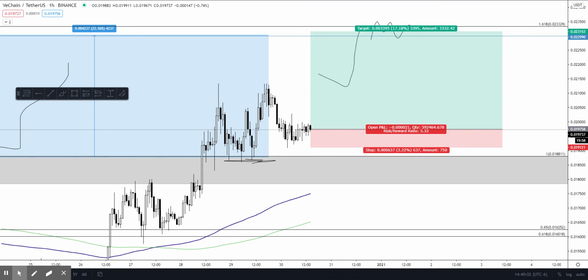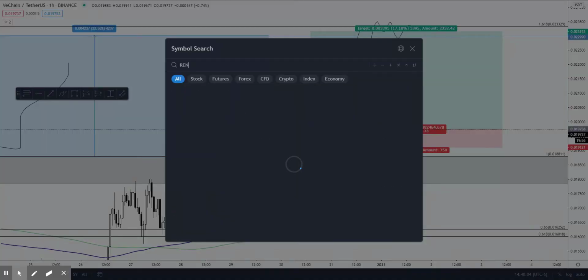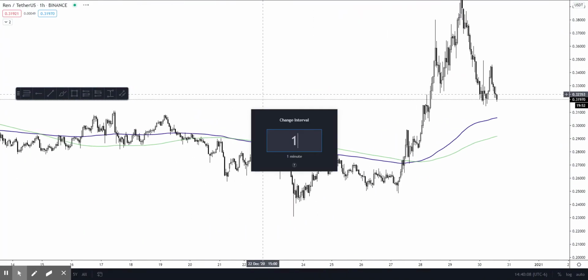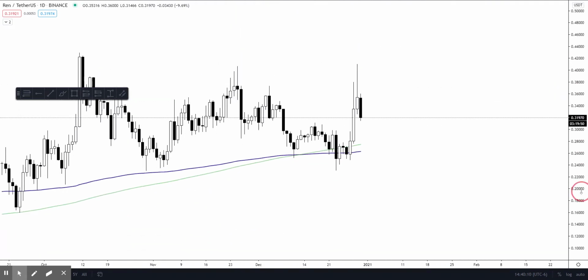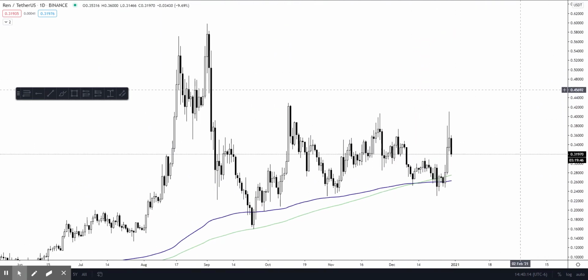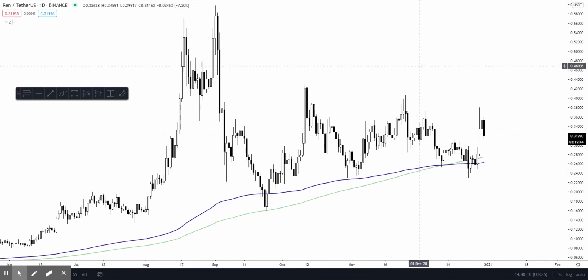REN USDT. I know REN's had some pretty crazy price movement recently. Something DeFi related. Okay, so it looks like we managed to hold our 200 daily moving averages, got that push upwards.